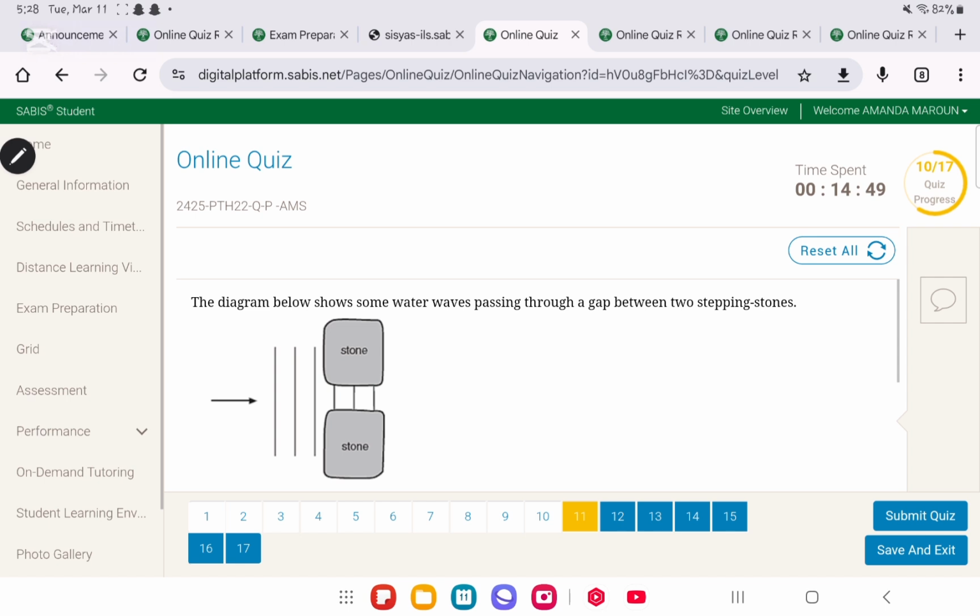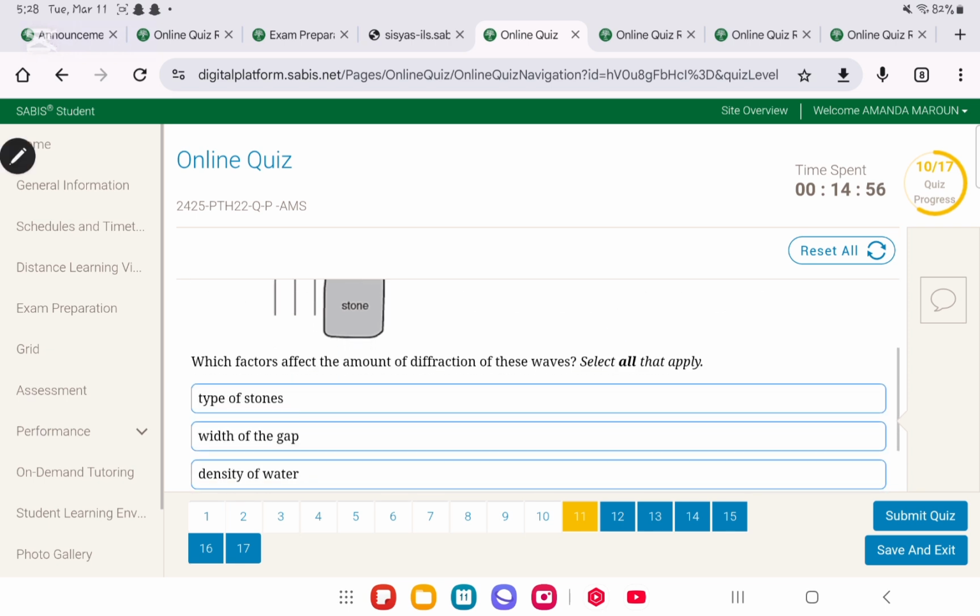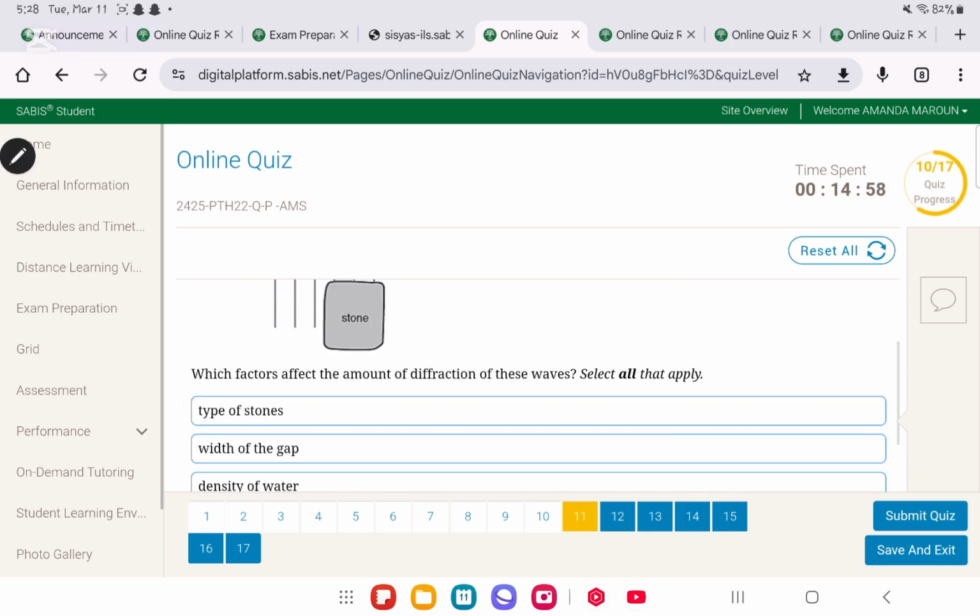They told us the diagram below shows some water waves passing through a gap between two stepping stones. Now, what you need to know about the factors that affect diffraction. Okay, there are two main factors that affect diffraction. They are the wavelength and the size or width of the gap.